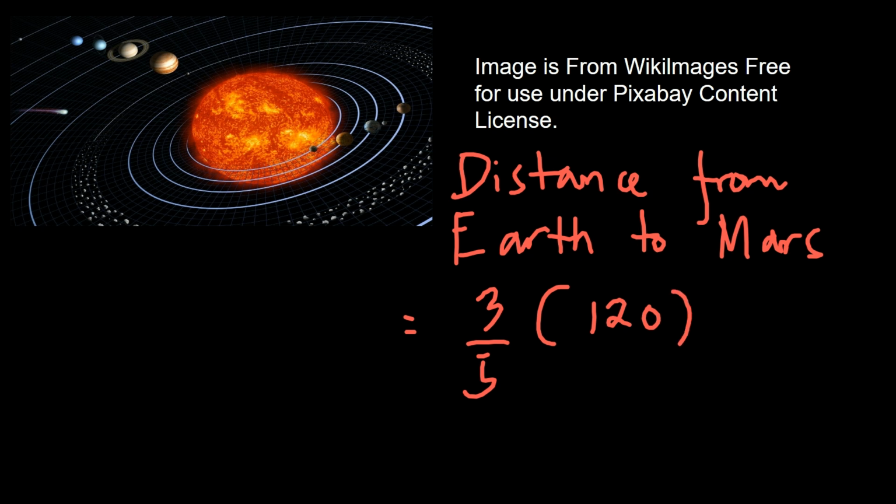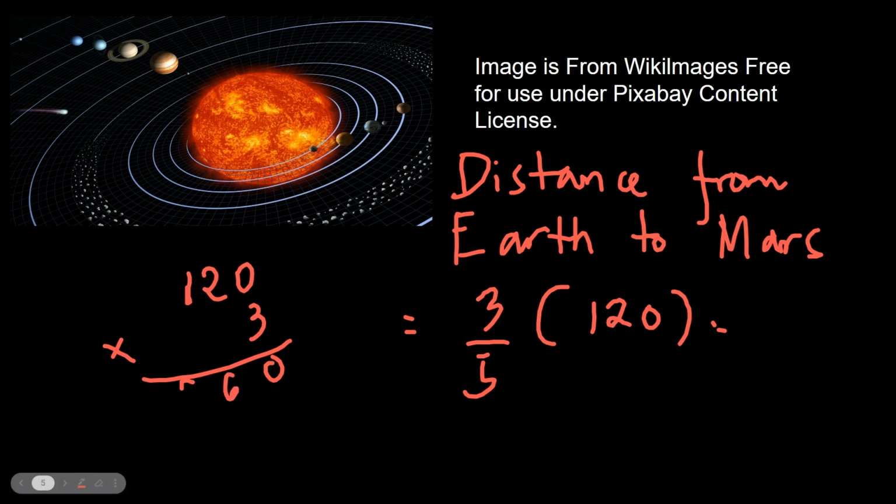If we're going to solve that, what is 3 times 120? So 120 times 3. All right, let's multiply 0, 6, and 3.